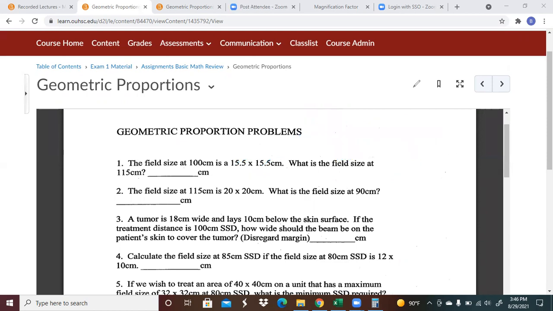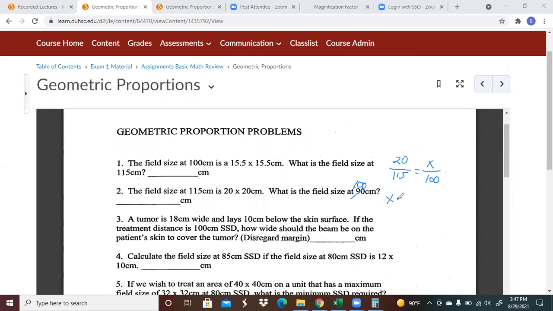All right, so let's take a look at the second. Field size of 115 is 20 by 20. What is the field size at 90? I'm going to take that 90, strike through it, and put it at 100. So what does this end up as? Well, as I had said before, we've got 20 at 115 is going to be equal to what at 100?